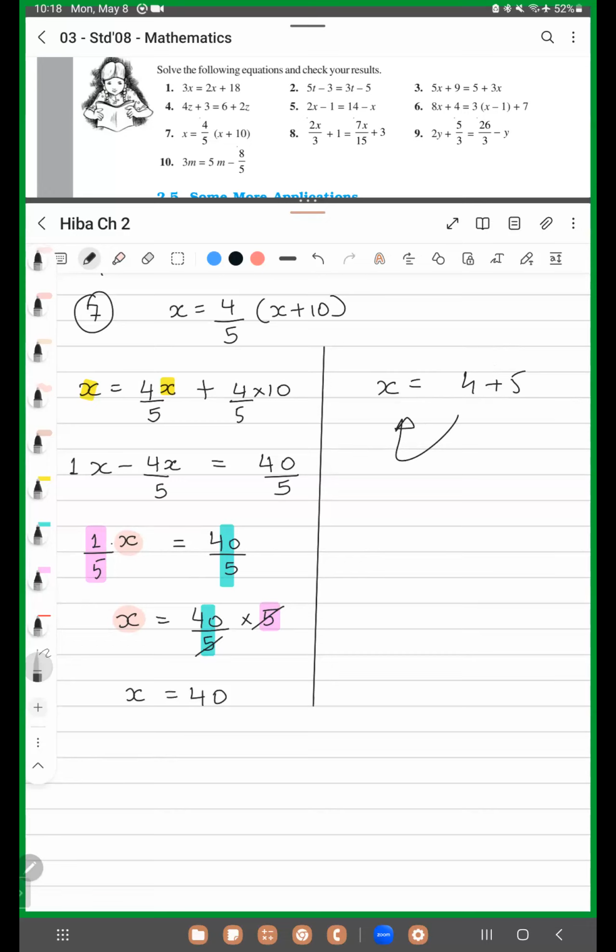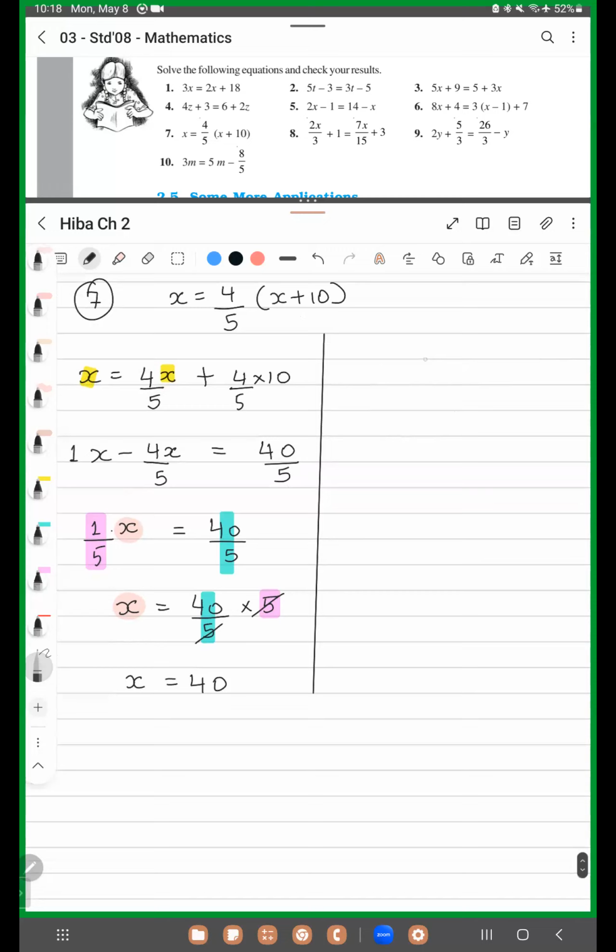Similarly, over here, let's say if you have 4x by 5 is equal to 3, then you have two options. Either you can say 4x is equal to 3 into 5. That means you sent only the 5 to the other side. The other way is you can send the entire thing, 4 by 5, to the other side.